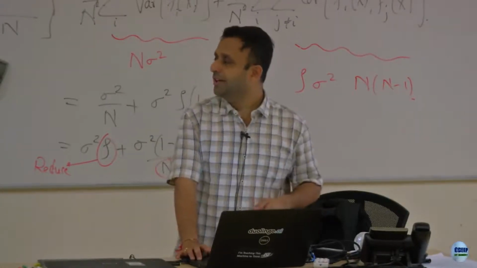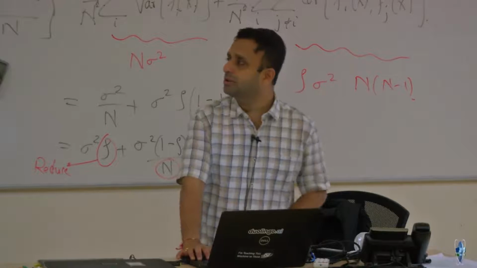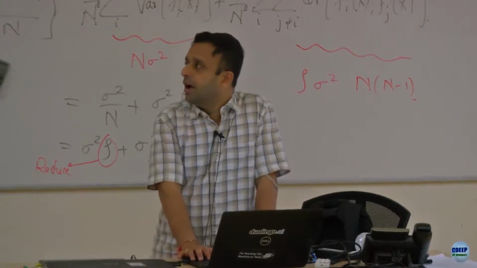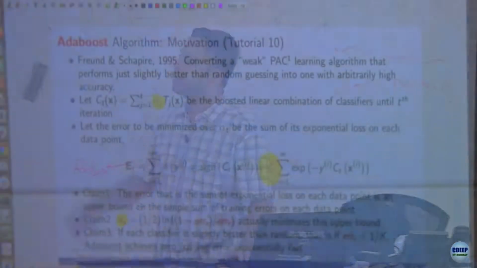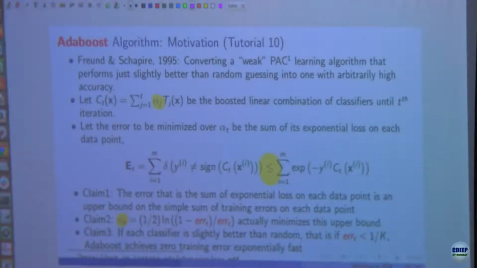So, this was the AdaBoost algorithm, and the lab is about implementing AdaBoost with perceptron. So, one question we were left with is, well, why would it work? Why will this specific form work?